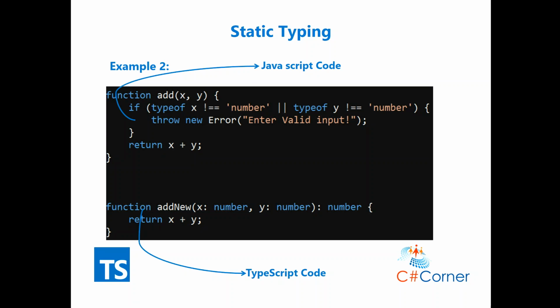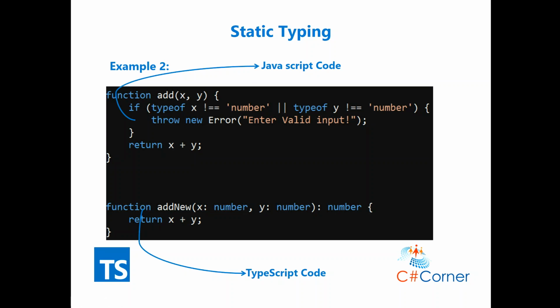Think about the other case. In JavaScript, unfortunately, you supply a string data type in place of a number. In that case you will not get notified. You will get an exception only at runtime; only at runtime would you be able to know the mistake you have done. But in the case of TypeScript, the function itself clearly says: I receive only number type variables, please don't send anything else, and I return only number types.